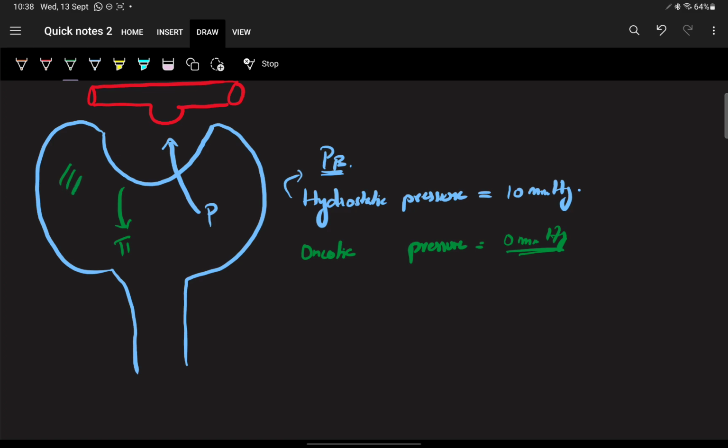Because in a healthy Bowman's capsule, there are no proteins, because there is a thick basement membrane between the capillaries and the Bowman's capsule, and this basement membrane will not allow any proteins to leak into the Bowman's capsule. Hence there is no oncotic pressure in the Bowman's capsule. So the oncotic pressure is denoted by pi B.